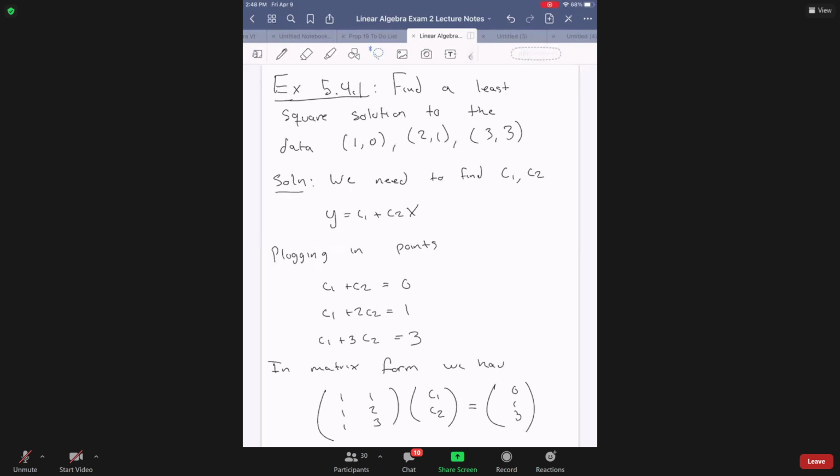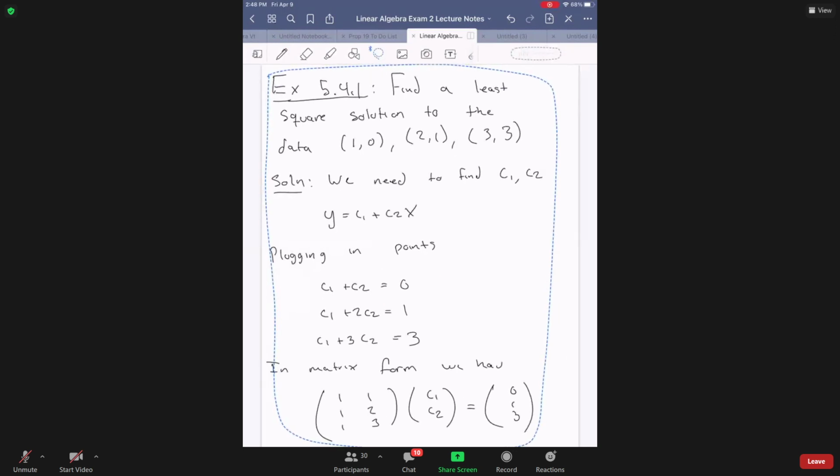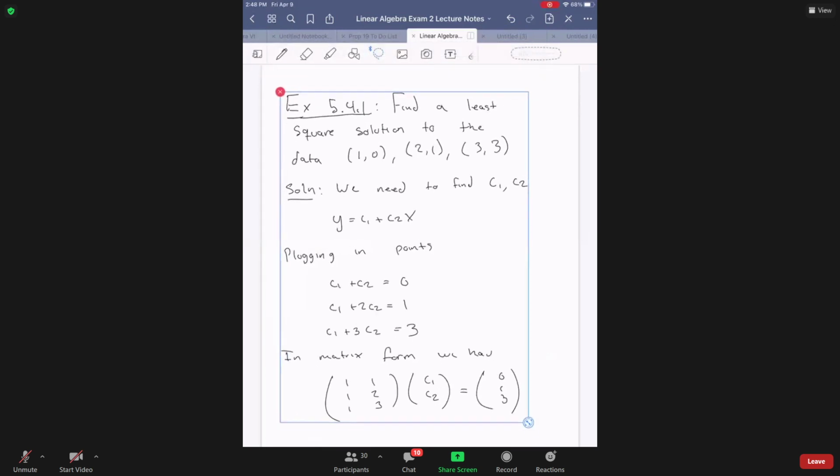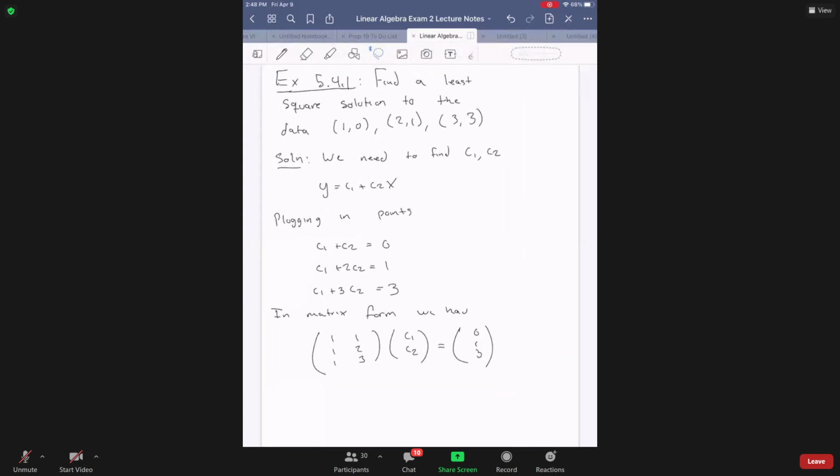Let me make this a bit smaller so everybody can finish copying. We need to solve A transpose A x is equal to A transpose B, right? So what is A transpose A?